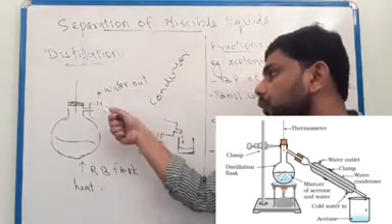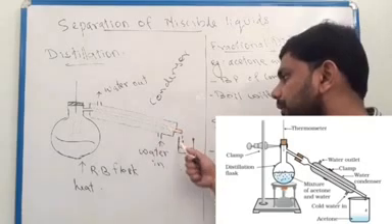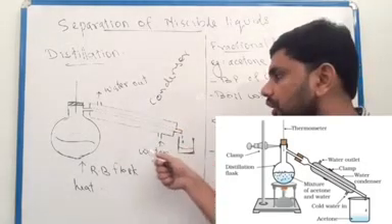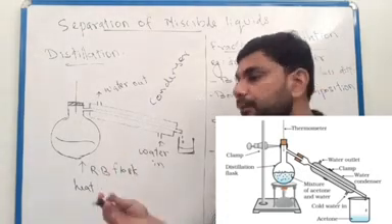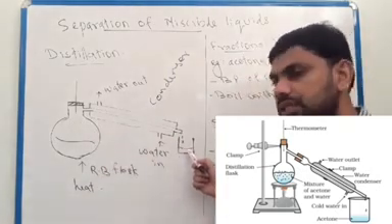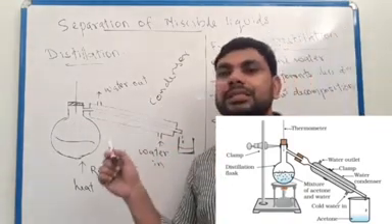After cooling, the vapor changes back into liquid state. So liquid acetone or liquid alcohol, the component with the low boiling point, changes to liquid again. This way we can separate miscible liquids.